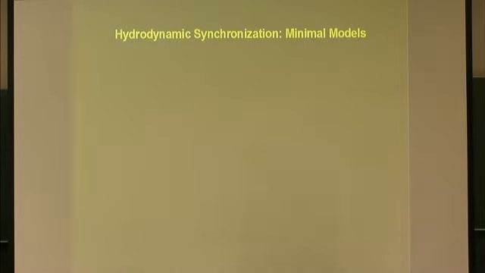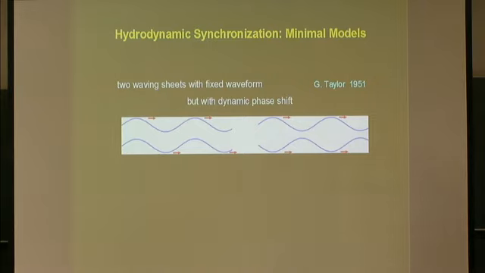So there are some minimal models that try to explain the synchronization in eukaryotic flagella and cilia. The pioneering work was done by Geoffrey Taylor in 1951. He modeled the sperm flagella by two waving sheets with fixed waveform. And only the phase difference between the two flagella is assumed to be a dynamic variable.